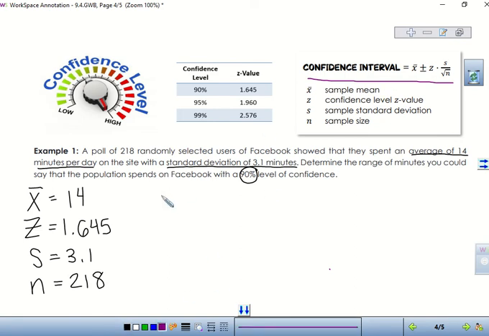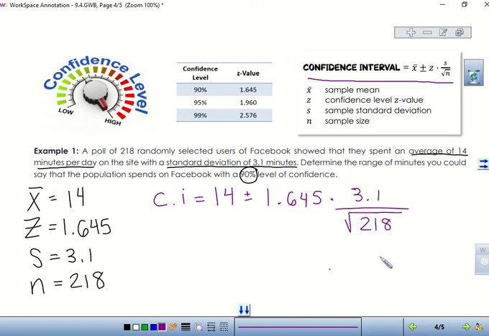Now you set up your confidence interval, CI, and it's equal to your X bar, which is 14, plus or minus your z-value, times your standard deviation, divided by the square root of your sample size, n.